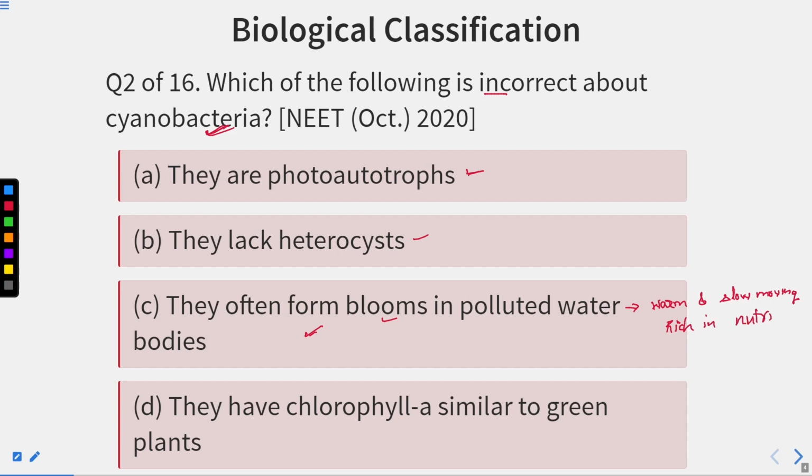Only then can cyanobacteria form blooms, also known as algal blooms. So this is the correct statement.